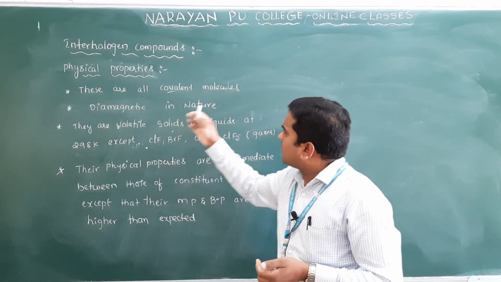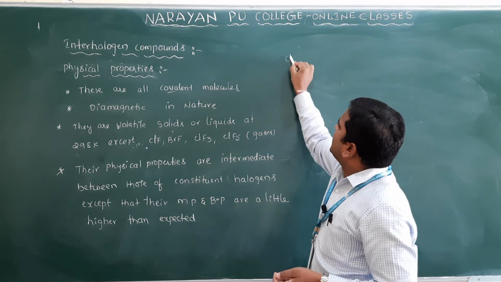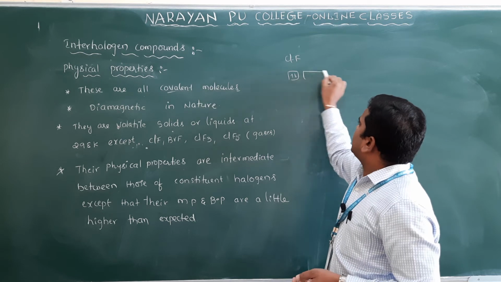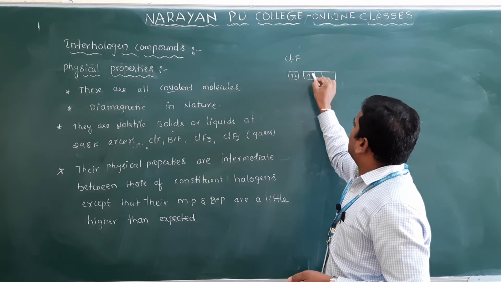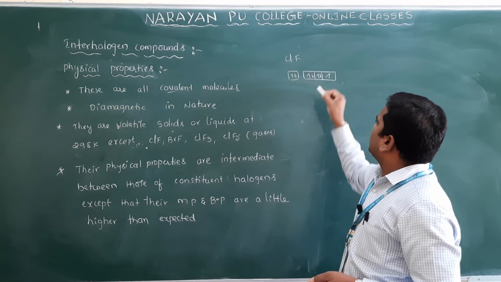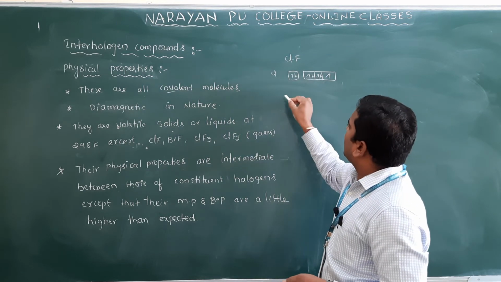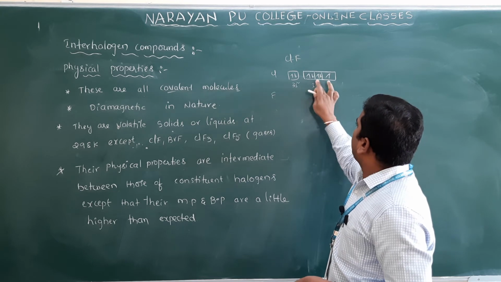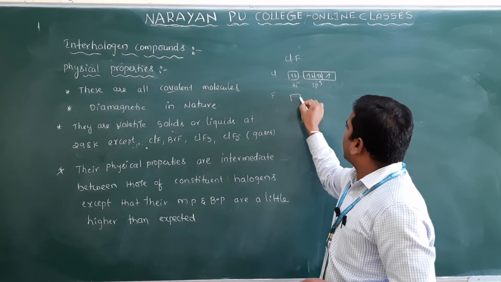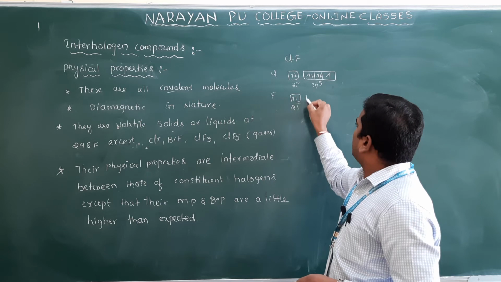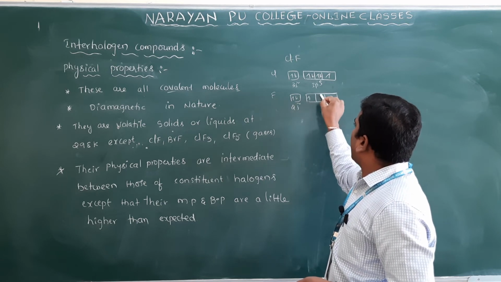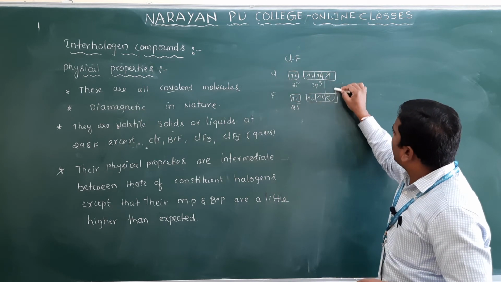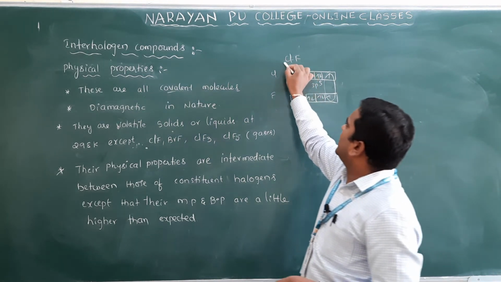In ClF formation, how will it be formed? Chlorine is 3s2, 3p5. And fluorine is 2s2, 2p5, that is 1, 2, 3, 4, 5. Clear? And you see these two electrons, they pair up and form the Cl-F bond.